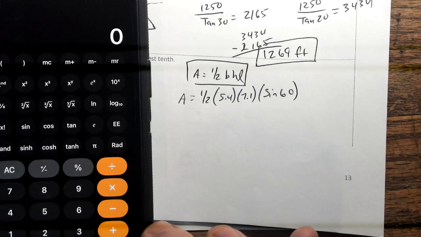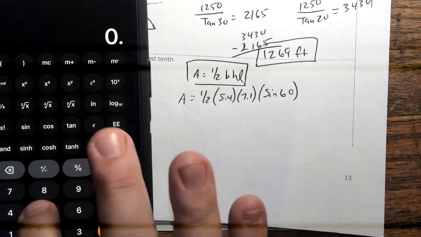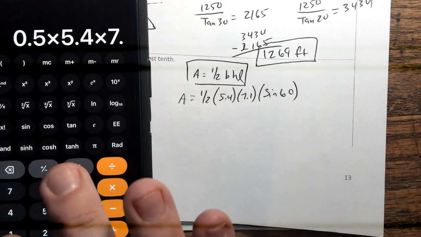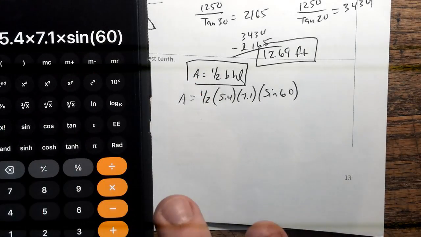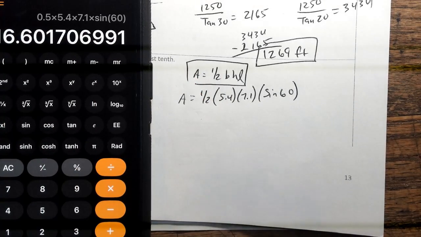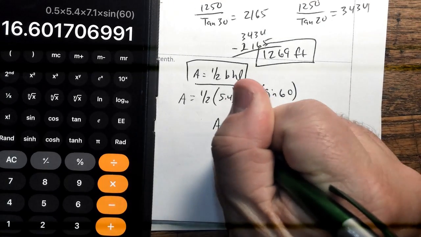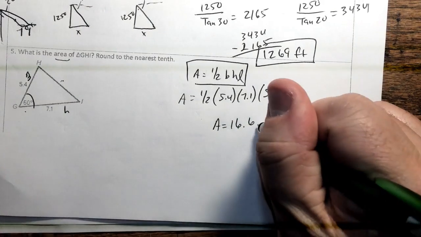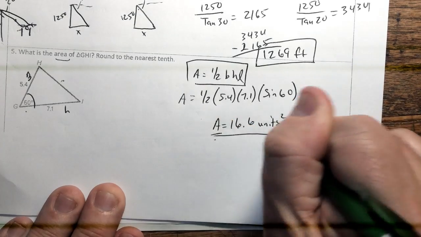So we have 1/2, which is 0.5, times 5.4 times 7.1 times sine 60 equals 16.6. So the area is 16.6, and it's just units squared, because area is always units squared.